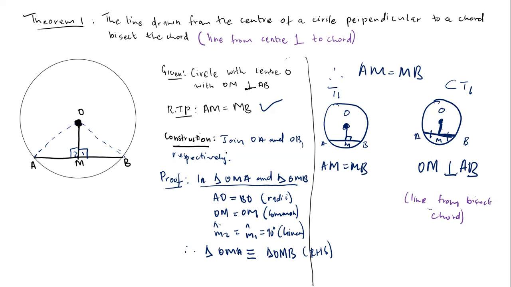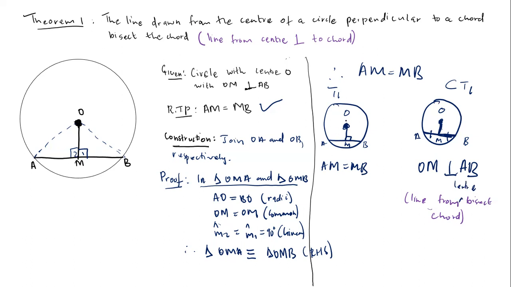You only have to prove this, which is what I have just showed you over here. So the converse says that if you are given that AM is equal to MB, that means OM is perpendicular to AB. Therefore, the reason that we're going to use, you're going to say line from center bisect chord.